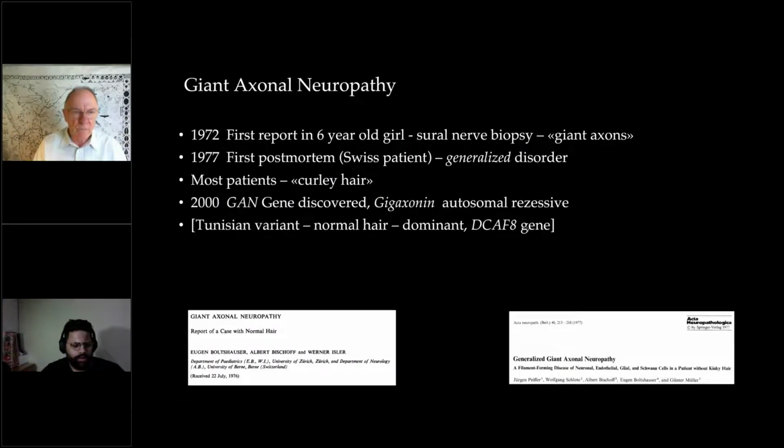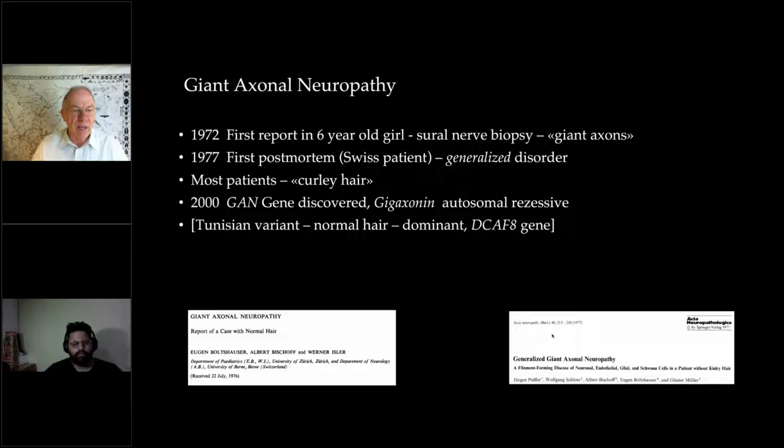Again, do you want to probably summarize? I have only seen one patient a long time ago, so I have some interest for historic reasons. In 1977, I was asked to publish this case. The diagnosis was made by Albert Bischoff, a neuropathologist. This was case number 5 in the world.